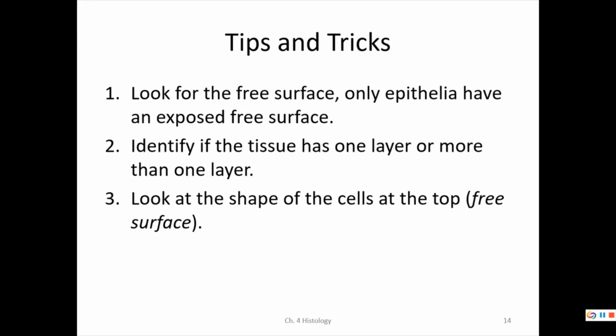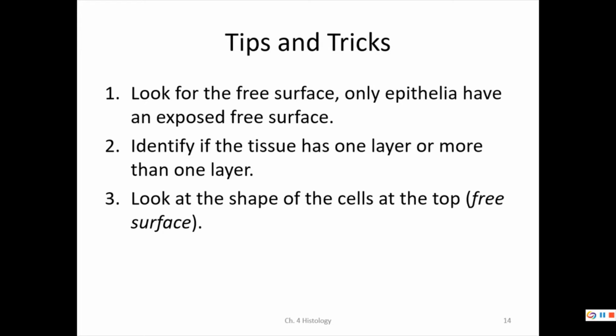The telltale sign of an epithelium is a free surface. There is somewhere that it is exposed, whether it is inside the intestine, on the insides of the gut, on the outer surface of the skin, or the lining of the mouth. It will always be exposed to some environment. Always, always, always.